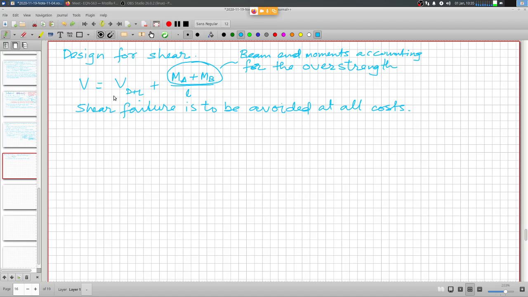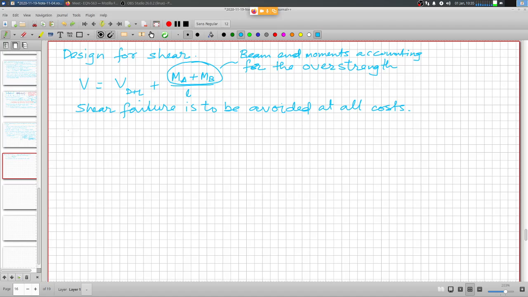Now this shear force obviously is an overestimation, because we have already accounted for overstrength. So this is the largest shear force that can ever come up on the beam, and this entire thing has to be withstood by the shear reinforcement in the plastic zone region.